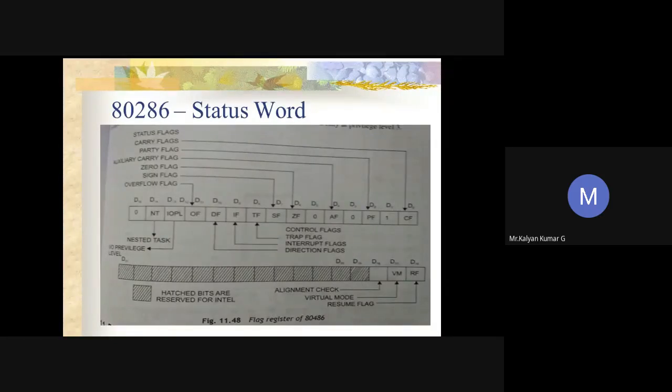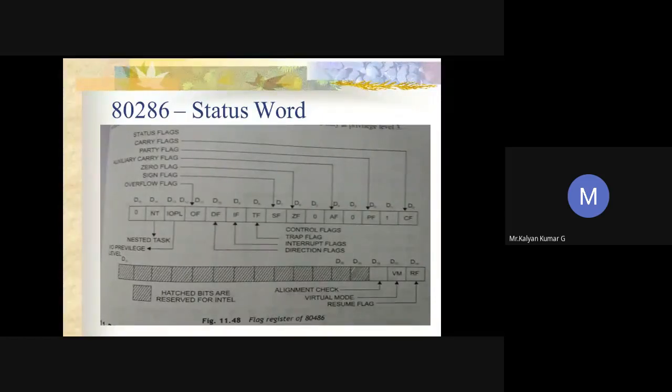The only change is in the flag register. If you see the flag register, it is almost the same. In addition to that, we have a bit D18. In the case of 80386, this bit is reserved by Intel, but here we are using this bit.